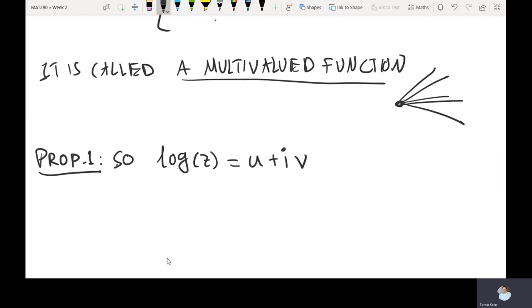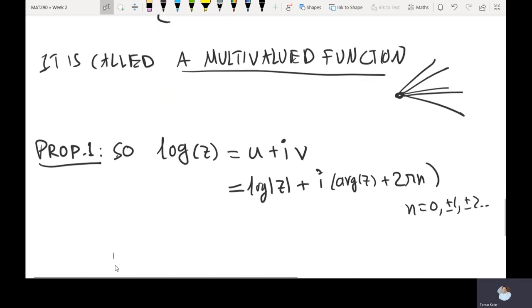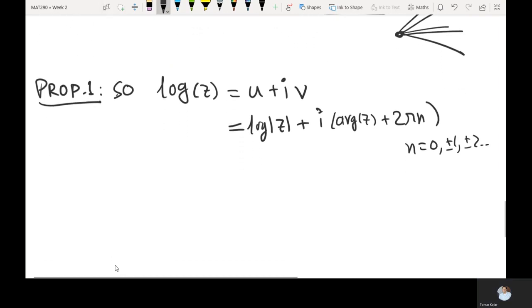I'm following the proof in the book, and is defined as follows: log of absolute value of z plus i times argument of z plus 2 pi n. So let's prove this. This is in your textbook as well.